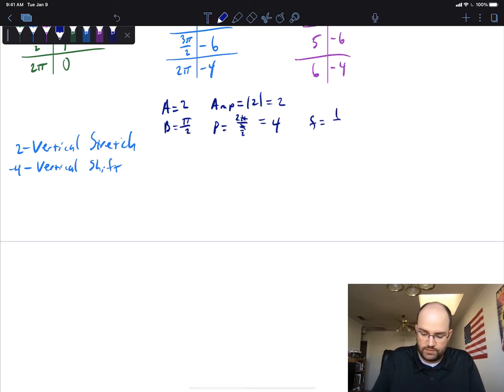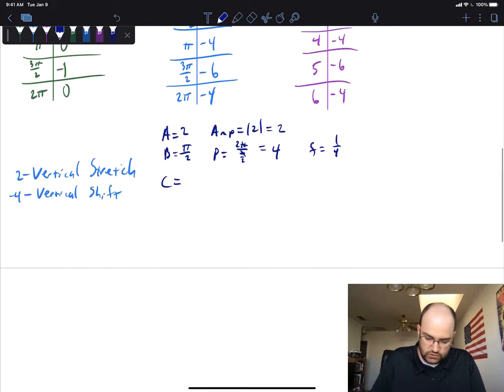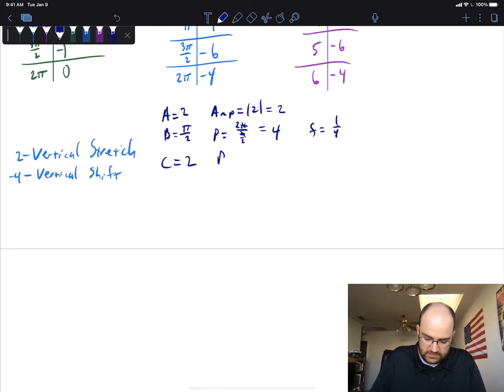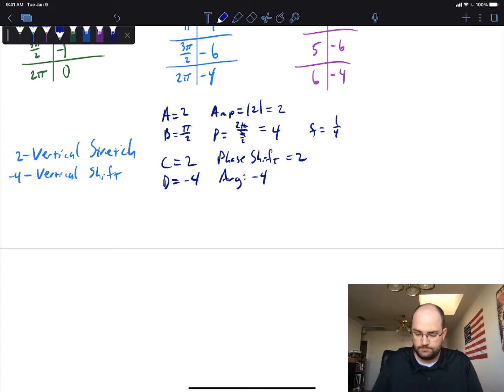So the frequency would be 1 over 4. C is what? 2. So the phase shift is 2, and D is minus 4. So the average here would be minus 4.